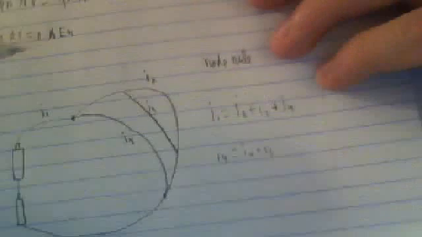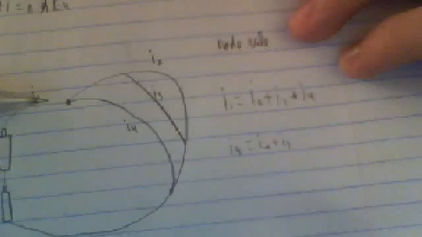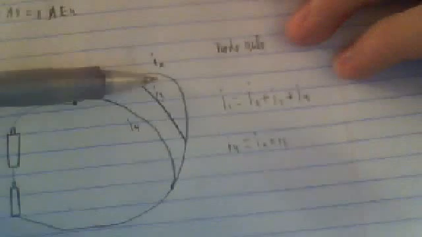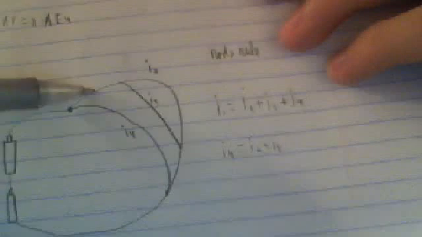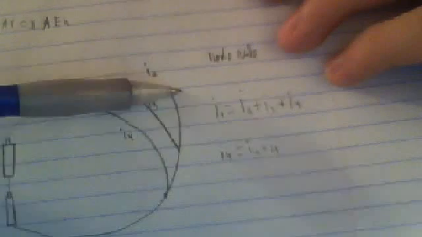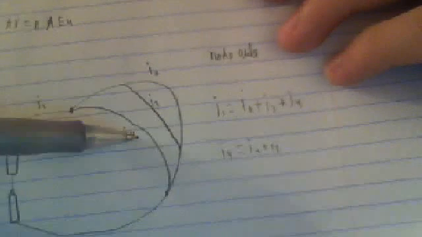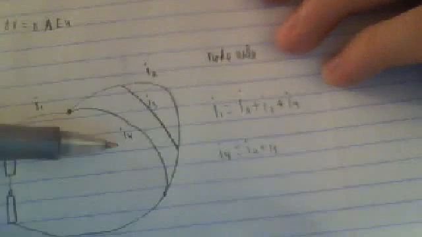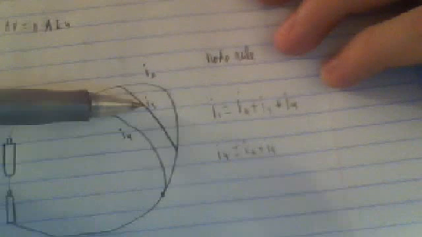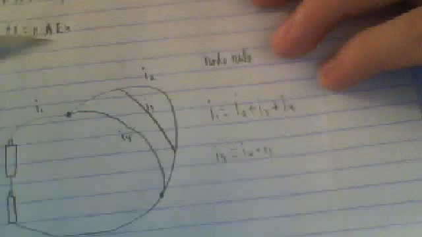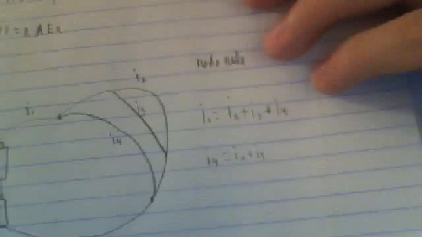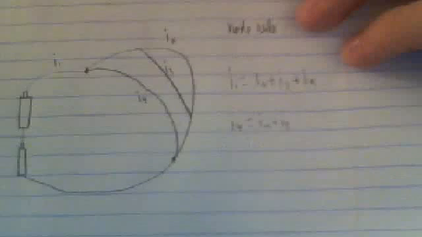The current here, I, is equal to this section of the wire plus this section, or also equal to this section plus this section plus this section, since it splits again up here. Another example is the voltage here equals here plus here. So whenever it goes off, it's evenly separated throughout the wires.